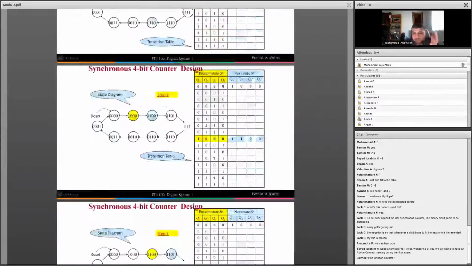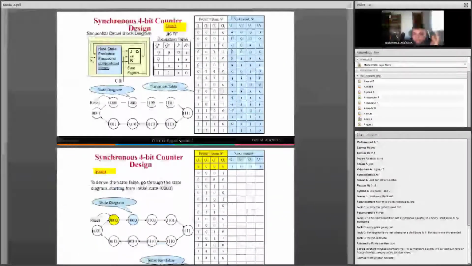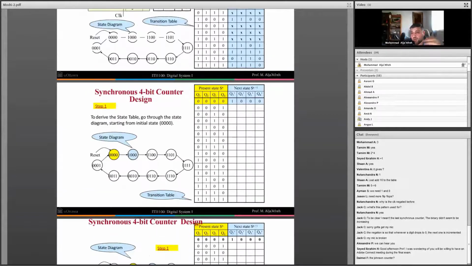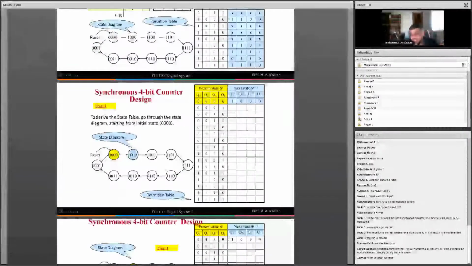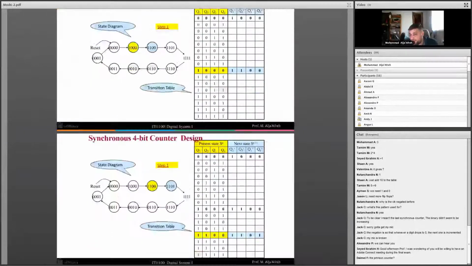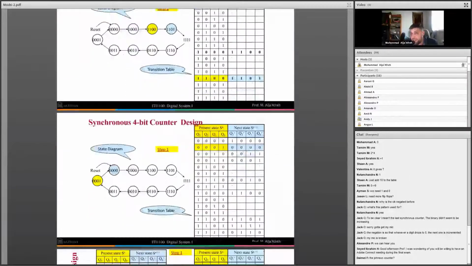Okay, so we're trying to build a circuit that will output this pattern. Can we do that? The answer is yes. So what we're gonna do is build a state diagram, and from the state diagram, go to the step-by-step shown here in the animated note.